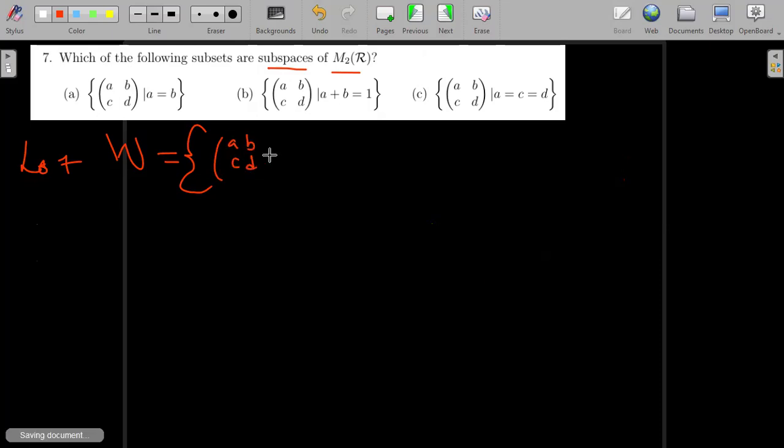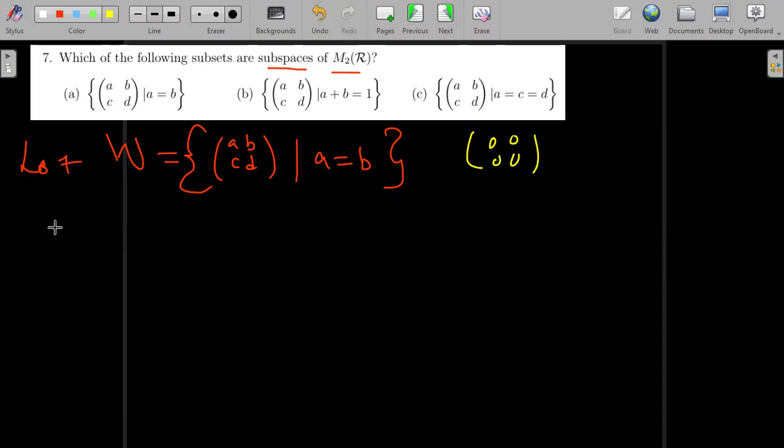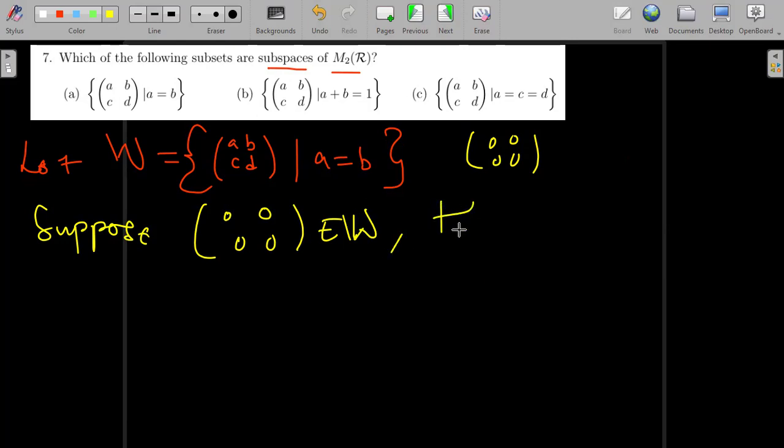Here we've been given the set in terms of a matrix where A is equal to B. Let's check if the zero vector is there. The zero vector in this case will be (0, 0, 0, 0). So we're going to say suppose (0, 0, 0, 0) is a member of W. Then that would mean A is equal to B is equal to C is equal to D, which is equal to 0.